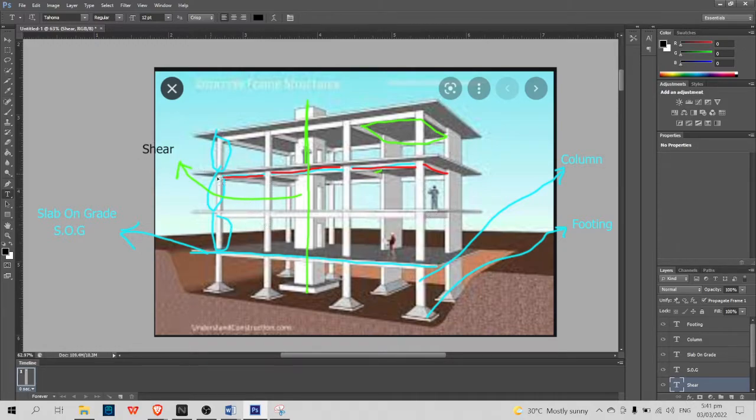But we can also have a short view doon sa shear wall na yan, kasi ang shear wall, usually ginagamit na yan sa high-rise building, unless kung meron kayong elevator shaft na ilalagay sa building. Okay? So, yan yung mga components na generally na i-design natin pagdating sa reinforced concrete.